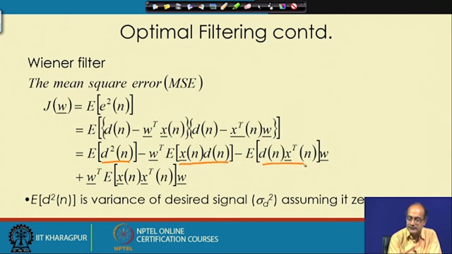Here is the second term for that, along with the weights, and the last term is the product of the two vectors representing the observed signal, their value at that particular instant n.